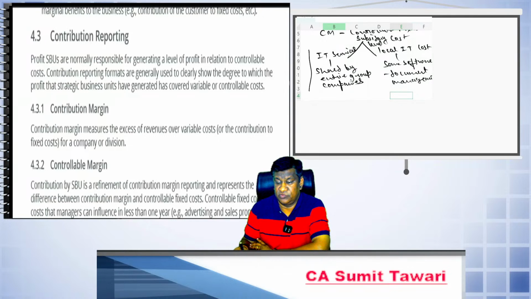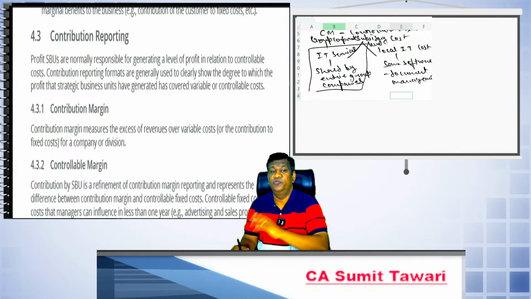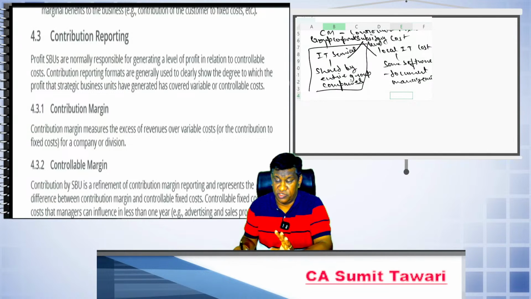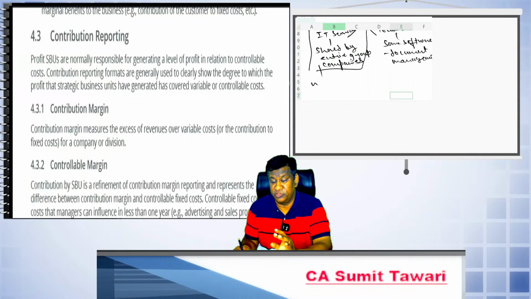See, this cost decision is taken by the group corporate, and they will not involve you in any decision making, so you cannot control it. You just need to absorb it, so non-controllable.